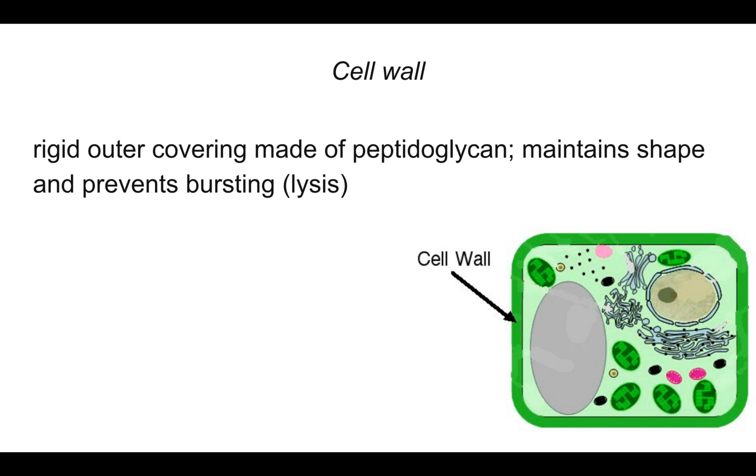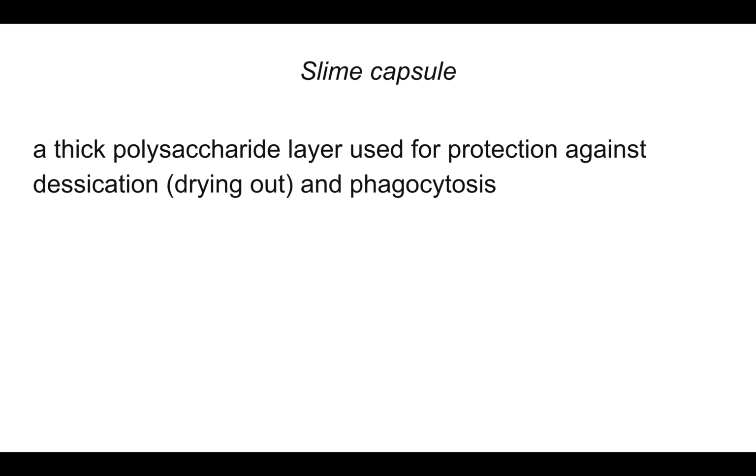Okay, now cell wall. This is a rigid outer layer covering the entire cell. This is a method of protection, and in the bottom right, this is a diagram of a plant cell. I just want to show you this because the cell wall surrounds the bacteria cell, the prokaryotic cell, so do not confuse both cells together. Okay, a slime capsule.